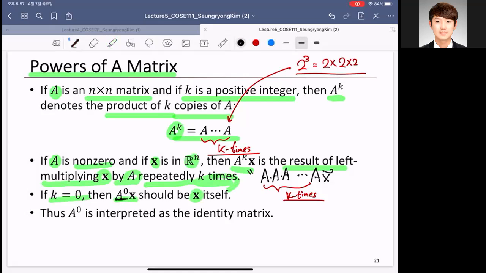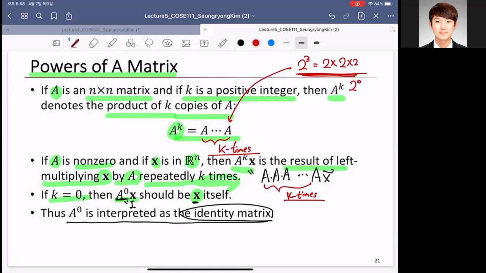Because A^0 can be interpreted as the identity matrix. This is similar to scalars, where any nonzero scalar to the 0 is 1. Similarly, matrix A to the 0 is going to be the identity matrix. So powers of the matrix A are defined almost like they are for scalars, right?